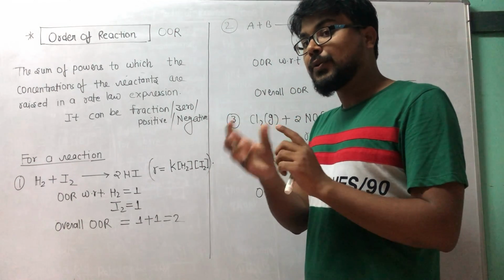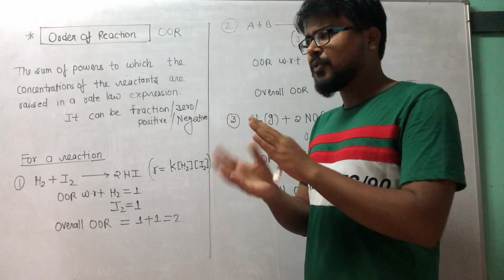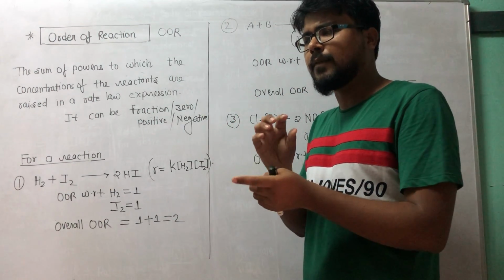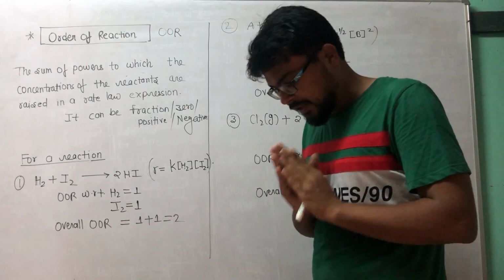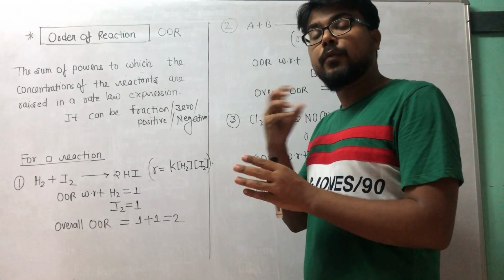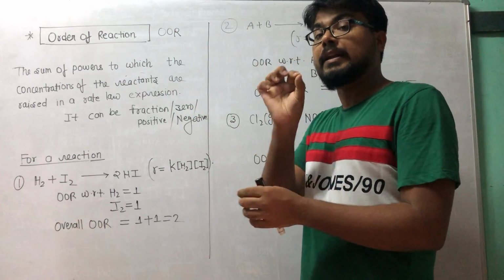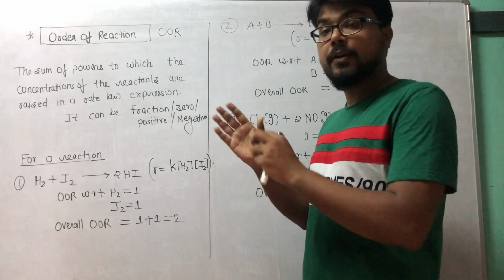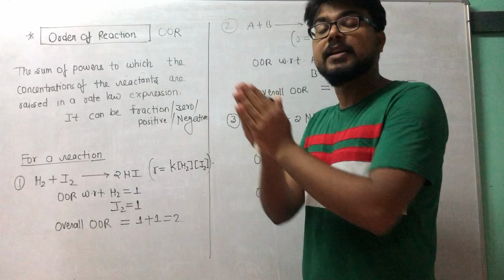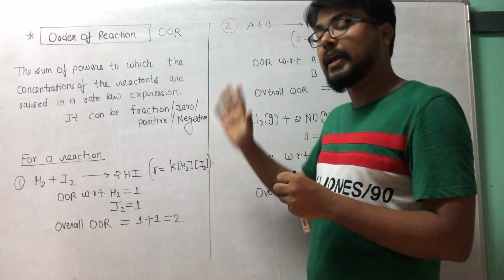In our next lecture, we will try to understand the unit of order of reaction. Actually, we can say the unit of rate constant, not the unit of order of reaction. Further, we will go for molecularity, a new term, and then derive expressions for zero order, first order, because order can be 1, 2, 3.